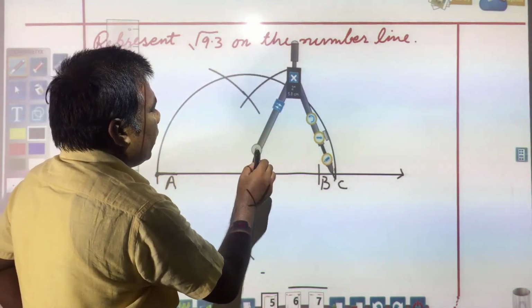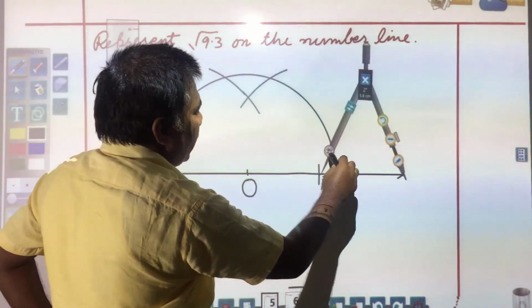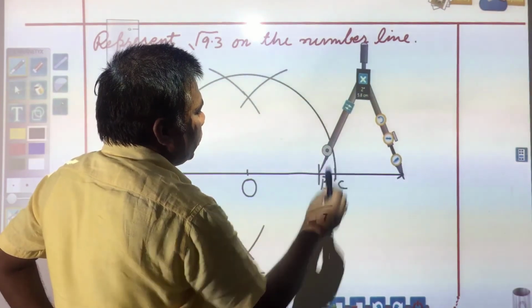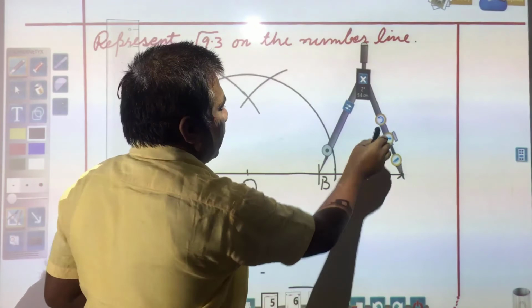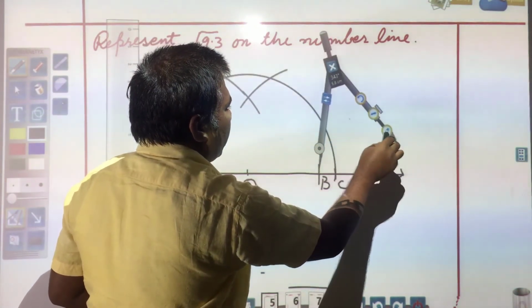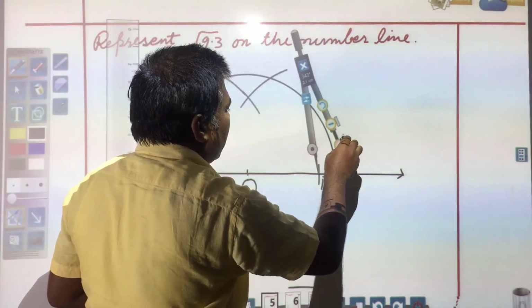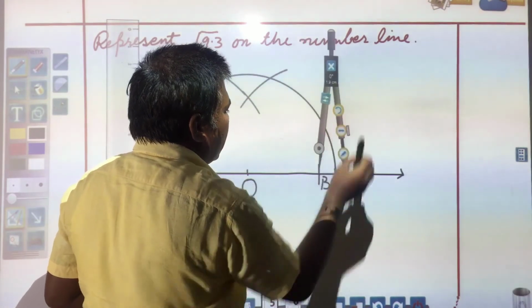Now, what is required to be done? Here at point B you need to draw a perpendicular line. So, for that again what you need? You need to draw 90 degree of angle over here.